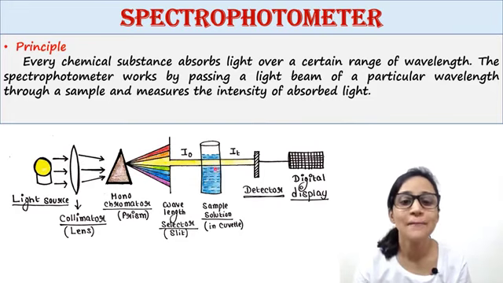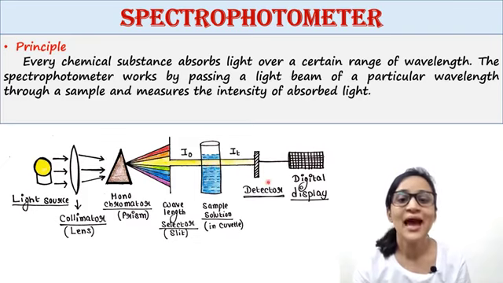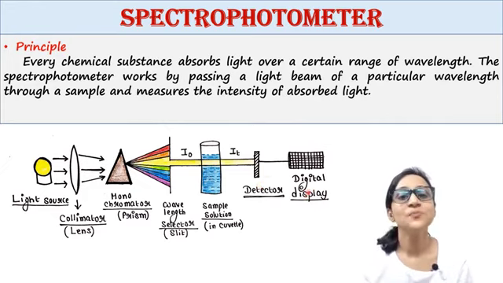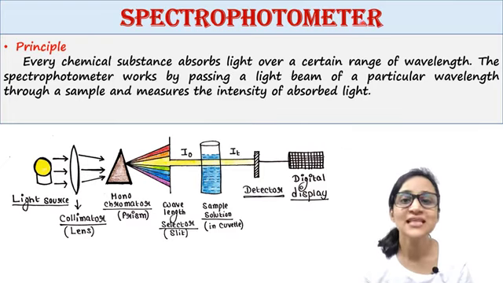Here is the sample solution present in the cuvette, and this yellow light is passed through the sample solution to the detector, and the detector detects the amount of absorbed light and sends a signal to the digital display. A spectrophotometer can select a variety of wavelengths because different chemicals absorb different wavelengths of light.